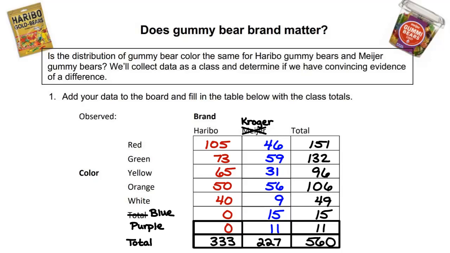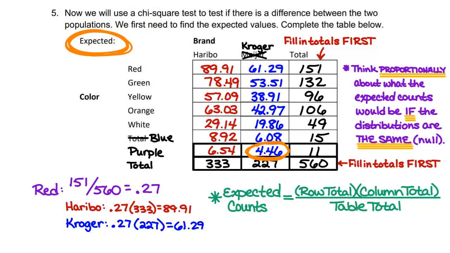All right. Now we're going to go over to list 2. And we have to make sure that we enter our expected values in the same order that we entered our observed. So this is why you have to think about which order you're putting them in. So we're going to start with red Haribo and do all the reds. My expected count for red Haribo was 89.91.